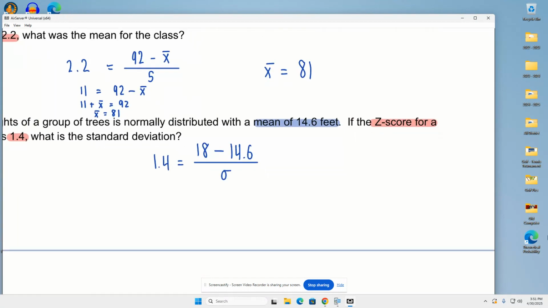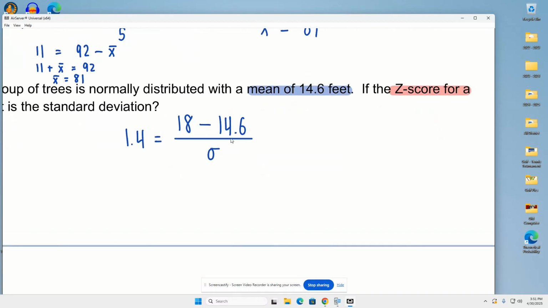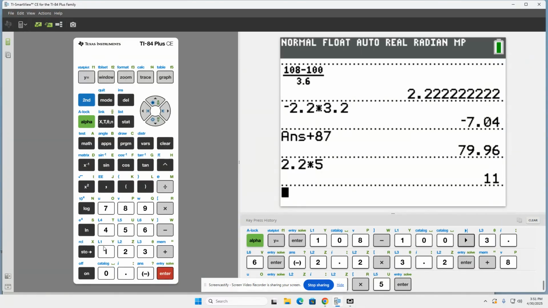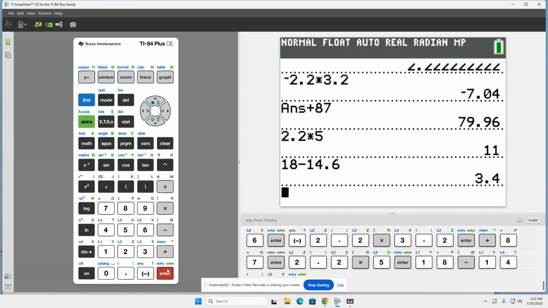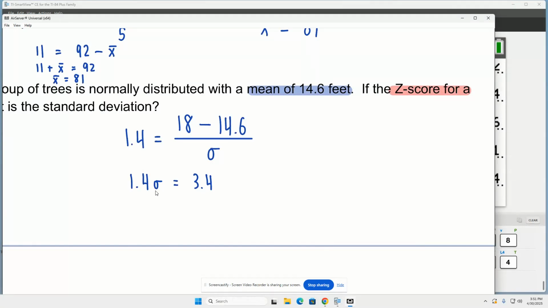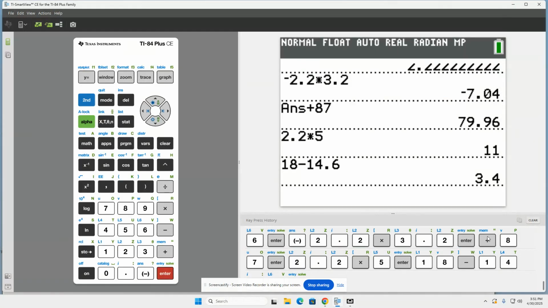Obviously, just like I have with these other problems, we're going to multiply by that fraction. So we're going to multiply by our standard deviation. And then, of course, I'm going to type in 18 minus 14.6. 18 minus 14.6 is 3.4. So finally, to get our standard deviation alone, we're going to divide by 1.4.